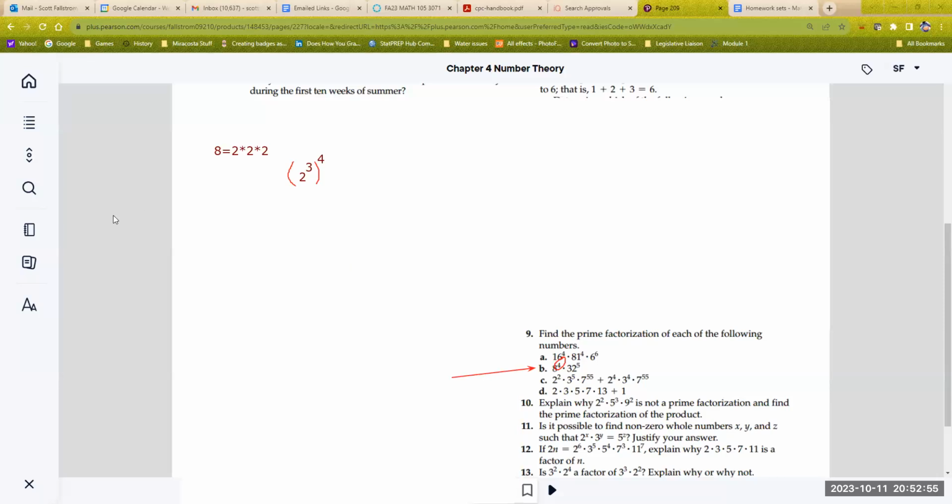So now we got to go back to our exponent rules. And the exponent rules say, well, what does it mean? Raising something to the 4th power means kind of multiply it by itself 4 times. So you'd have 2 to the 3rd, 2 to the 3rd, 2 to the 3rd, 2 to the 3rd. And remember, when we have the same base, we just add the exponent. So that would be 3 plus 3 plus 3 plus 3 if you wanted to write it out.